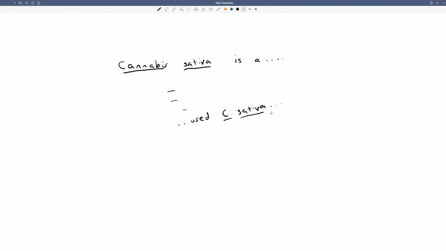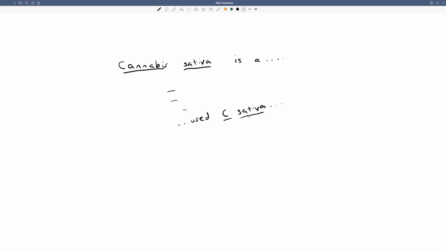Sometimes in animals, the epithet carries a lot more weight. It's unique and distinctive. Sativa is basically a description of an edible plant. So it's not like specific to this plant at all. And C sativa, there could be lots of C sativas out there.